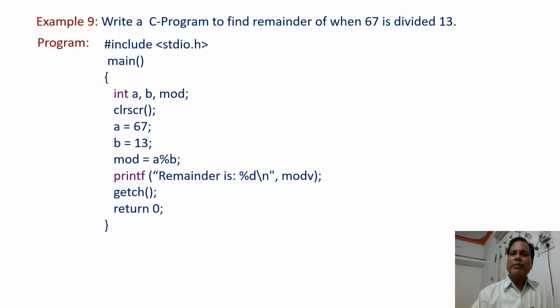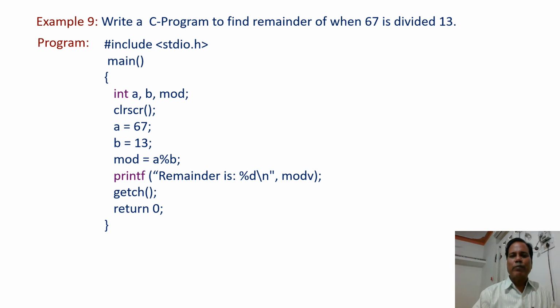Variables a and b are for holding these two integer numbers 67 and 13, and mod for holding the remainder. Clear screen we are familiar with, that it clears off anything previously written on the output screen. a equals 67, this 67 is assigned to the variable a. In a similar way, 13 is assigned to the variable b.